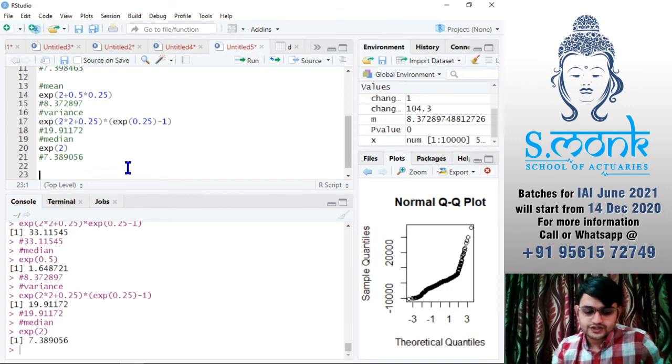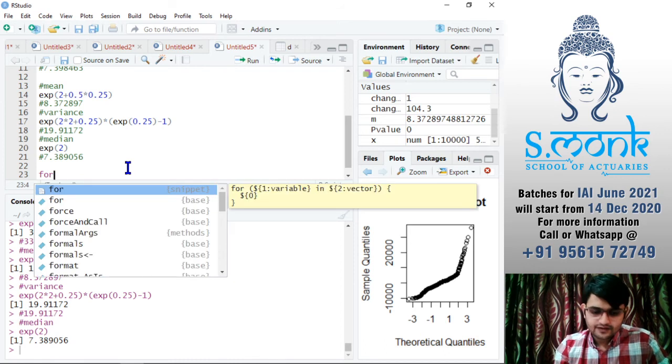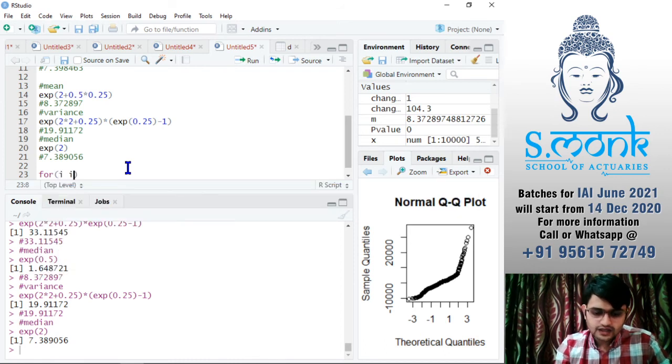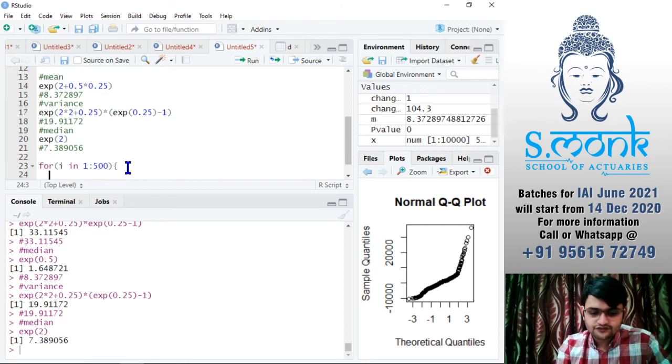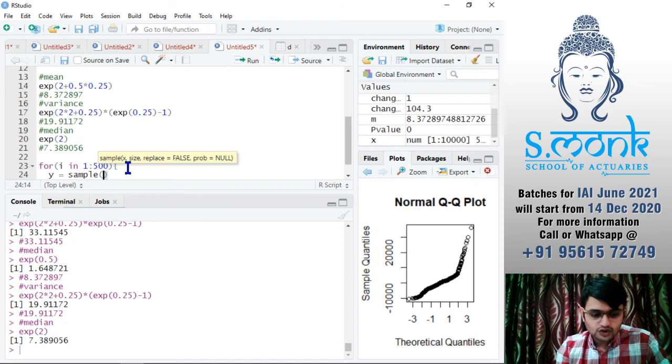we'll be using our for loop. So we'll say for i in 1 to 500, we need 500 values, and here we need a sample. I'll say y is nothing but a sample out of x.